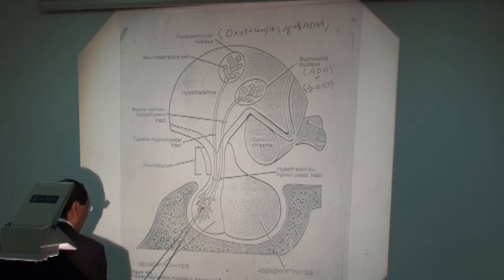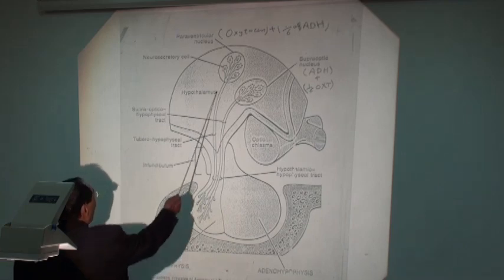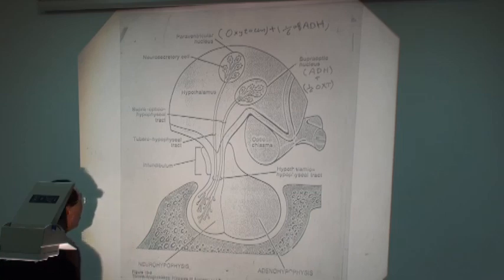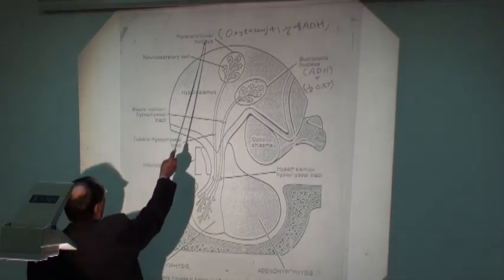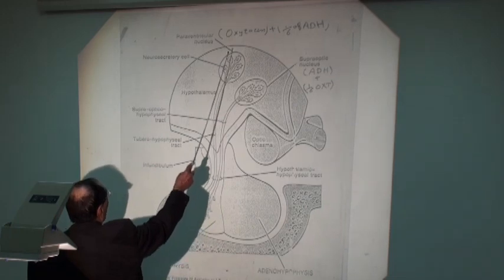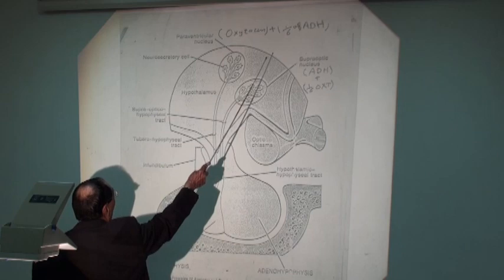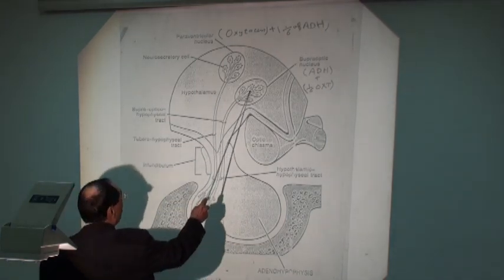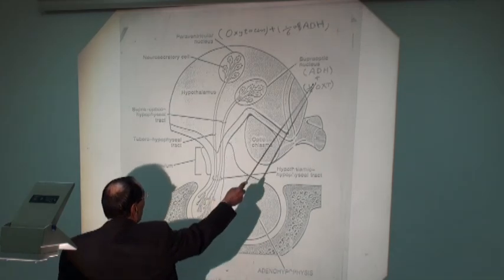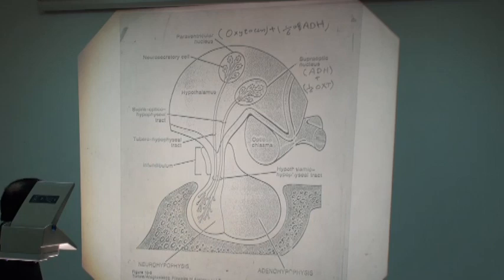So the function of the posterior pituitary gland is just storage, because the hormones come from the hypothalamus, from two nuclei. First, the paraventricular nucleus produces oxytocin and a little ADH. The second, the supraoptic nucleus, produces ADH mainly and a little bit of oxytocin.